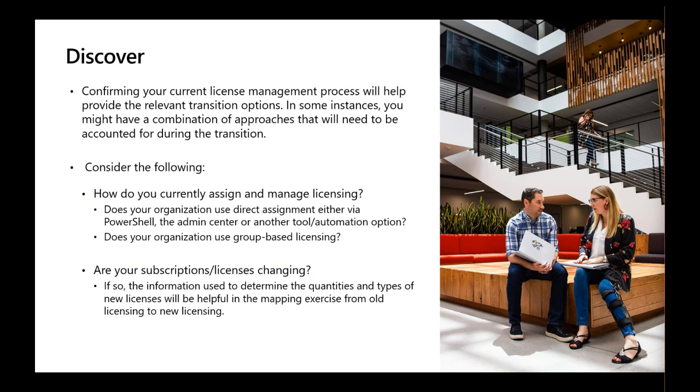The second consideration here is, are your subscription licenses changing? Meaning, are you moving to a new license type? An example might be moving from the customer engagement license to a mix of Dynamics 365 Sales and Dynamics 365 Service licenses. Knowing the quantities and types of licenses that you're transitioning to is critical in the mapping exercise.